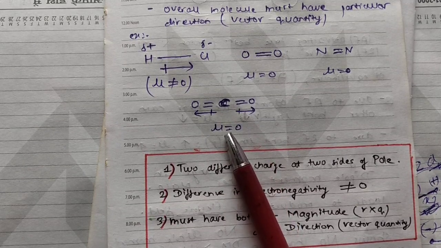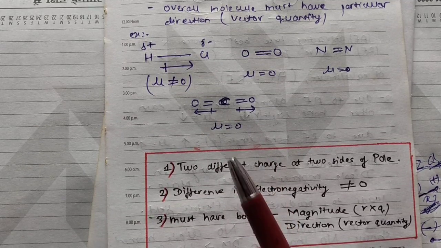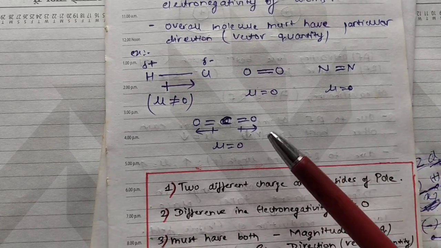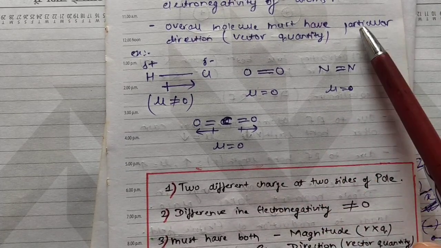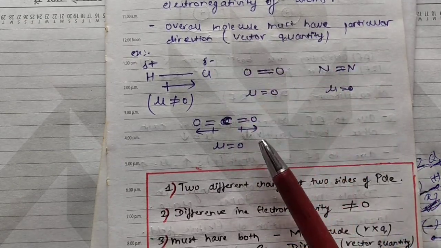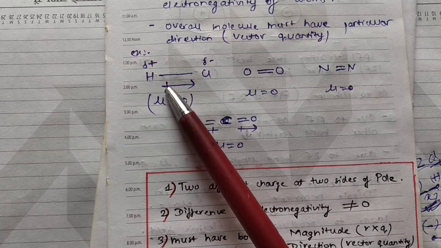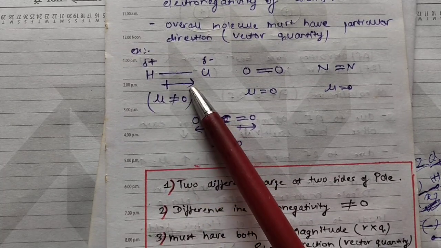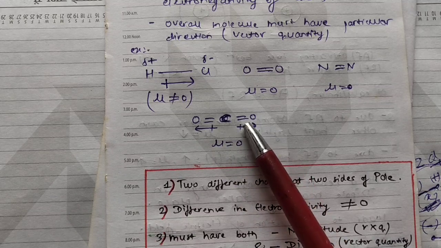So why is this dipole moment zero? We should know that dipole moment is a vector quantity, and it must have a particular direction. The overall molecule must have a particular direction. But see here, in HCl, the shift of the electrons is towards chlorine, so there is a direction. But in carbon dioxide, the shift of electrons towards the right oxygen gives a direction to the right, and in the same way a direction to the left.